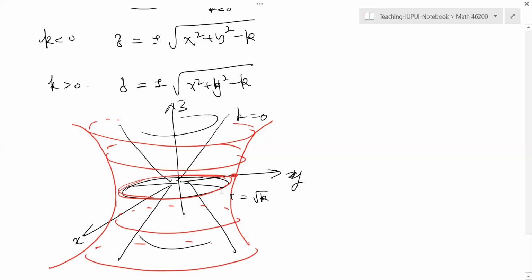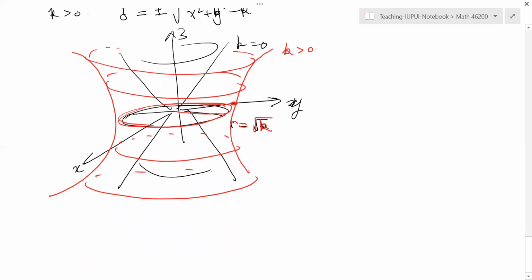Okay, it's a surface. Right. So that's when K is greater than 0. Okay. So there's a circle here that is going to have a radius equals square root K. So this is a nice smooth surface.